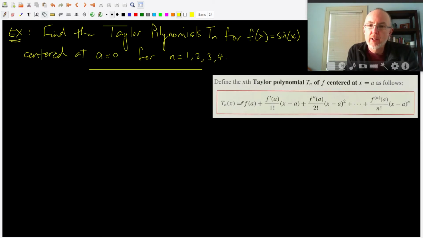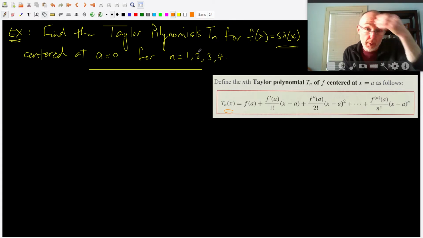So for our first example, we're going to build the Taylor polynomials for sine of x, centered at a equals 0. And so what we need, looking at this formula for the nth degree Taylor polynomial, we want to build this for n equal to 0, 1, 2, 3, and 4. Looking at this formula, you see that what we need are the derivatives.